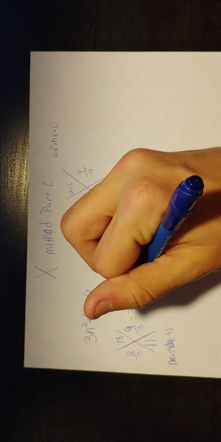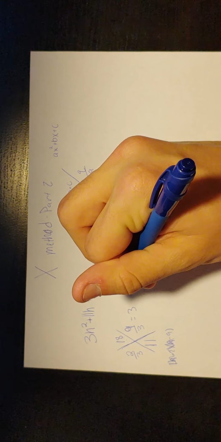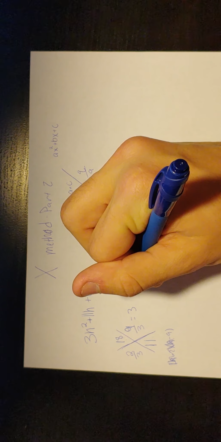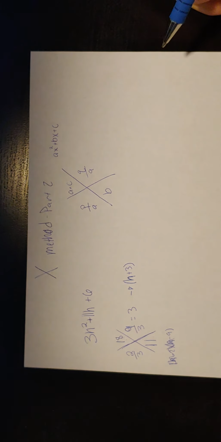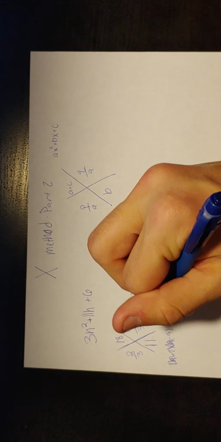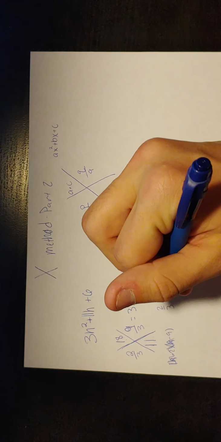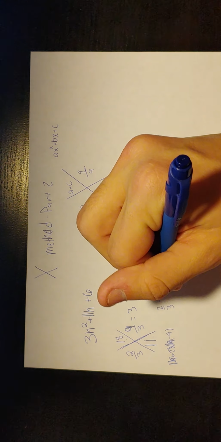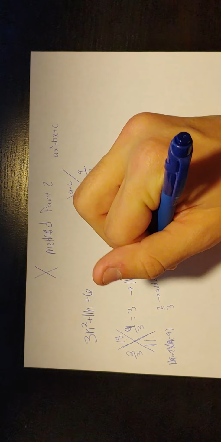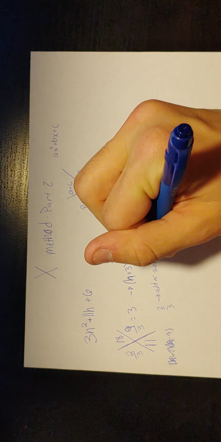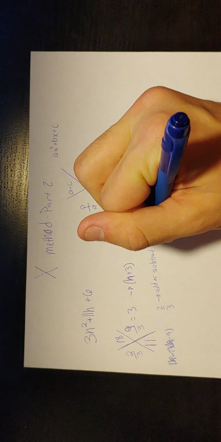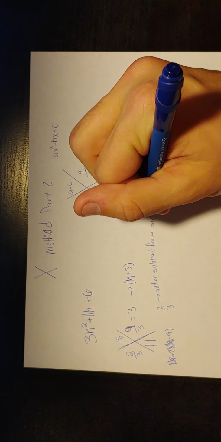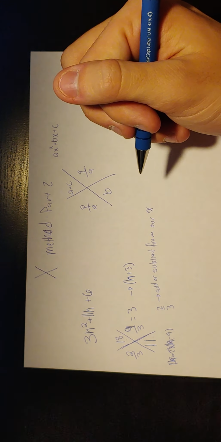So that means that this part factors into an h plus 3. Over here I still have 2 over 3. So what does this mean? The 2 is what we add or subtract from our x, or in this case, an h.